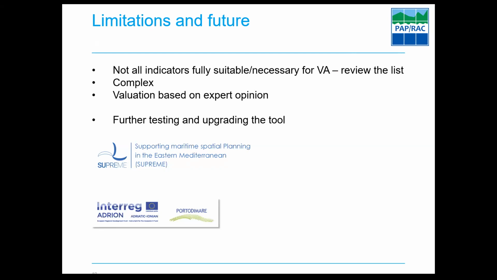Can this information be used for the future MSP? And the answer is yes. However, a number of these indicators were not envisaged for the MSP process, so we need to do some modifications, to add some, and so on. The process, as for this initial assessment, was a little bit complex.